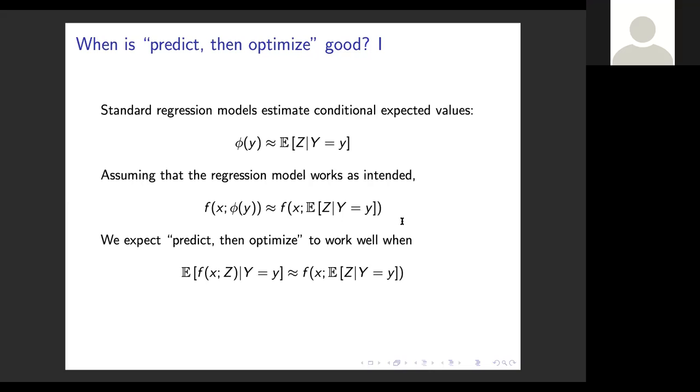Since y is a random variable, if you want to minimize the expectation, you need to also take the expectation with respect to y, right?